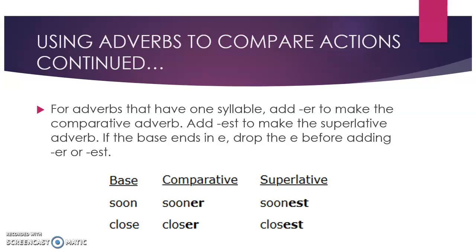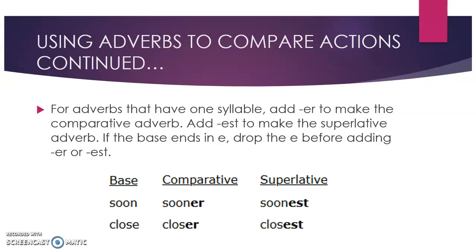So think about it. You said, well, Mr. Scruggs, you said that I have to drop the E if it's an E, such as the one on close. Well, to give you a hint to make it a little bit easier, all you would need to do in this case is add an R, or if it's a superlative, add an ST. So in your imagination, you're dropping the E, but really you're just going to add one letter on.